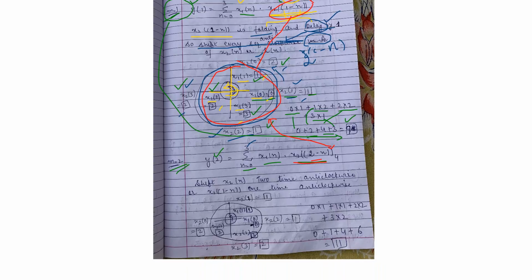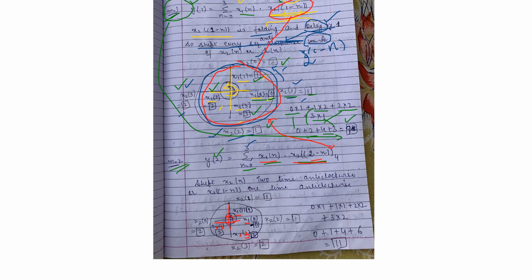Here, x1 of n is as it is from the first, m equals 0. So x1 of 0, x1 of 1 anti-clockwise, x1 of 2. Clear? Here it is x1 of 3. Okay?